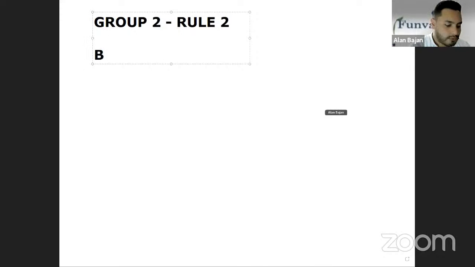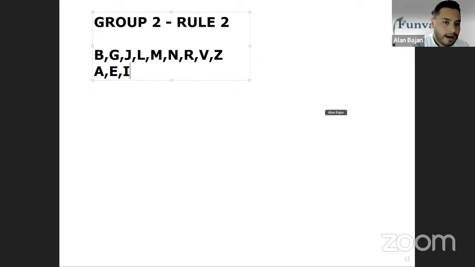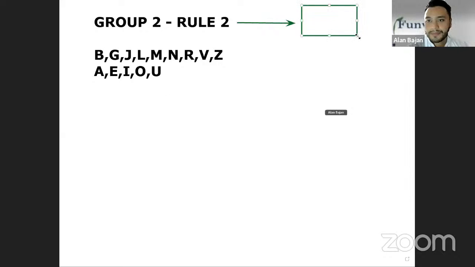We have the following sounds: B, G, J, L, M, N, R, V, Z, and the vowels A, E, I, O, U. If you find a verb in infinitive that ends with the sound of these letters, we will pronounce it with D at the end in past tense.